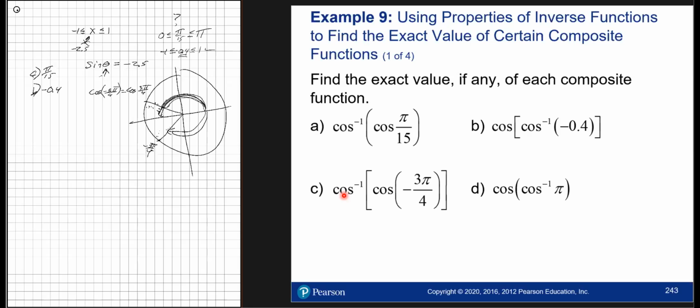Now, here, this is a typo. It should have been parentheses, because we can't take the tangent of π/2 or -π/2 or any odd multiple of π/2. Okay.